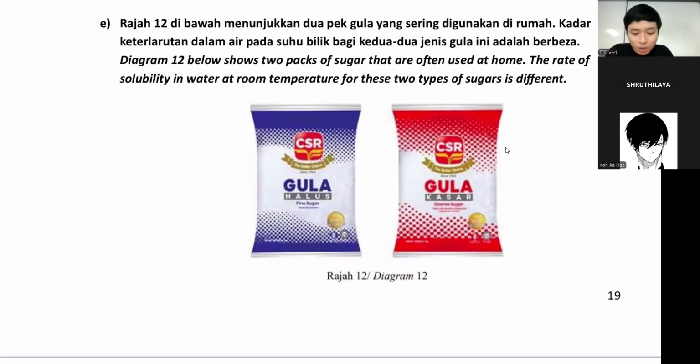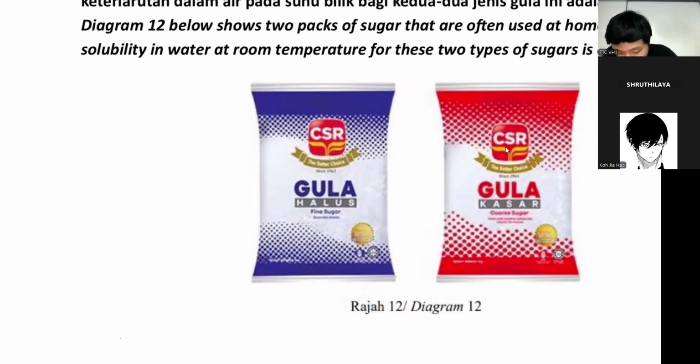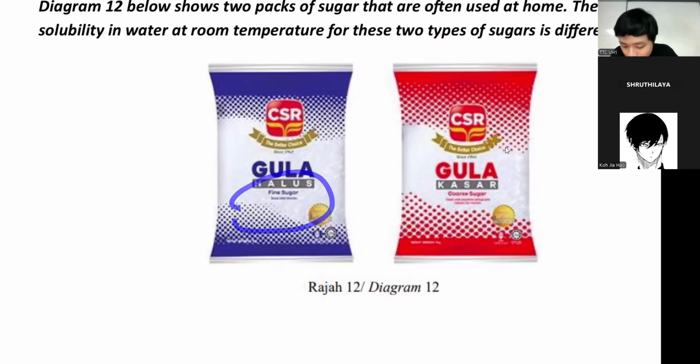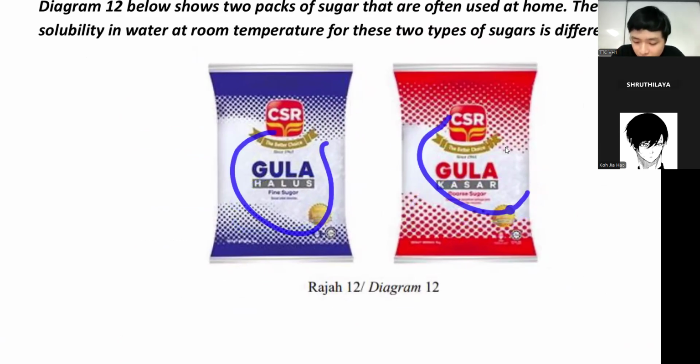Diagram 12 below shows 2 packs of sugar that are often used at home. The rate of solubility in water at room temperature for these 2 types of sugar is different. One is called fine sugar, one is called coarse sugar, gula halus, gula kasar.